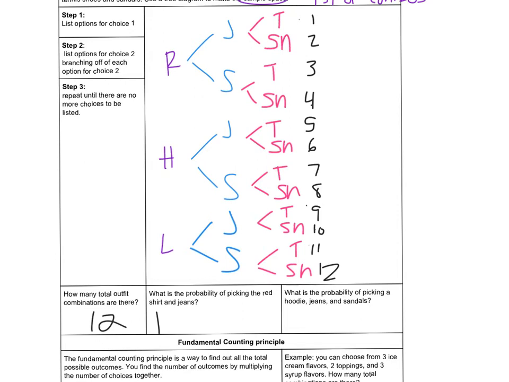So what is the probability of choosing red shirt and jeans? Well, I'm going to highlight all the ones that have a red shirt and jeans. So red shirt, jeans, tennis shoes has that option. Red shirt, jeans, and sandals has that option. So 2 out of 12, or 1/6 of the options are red shirt with jeans.